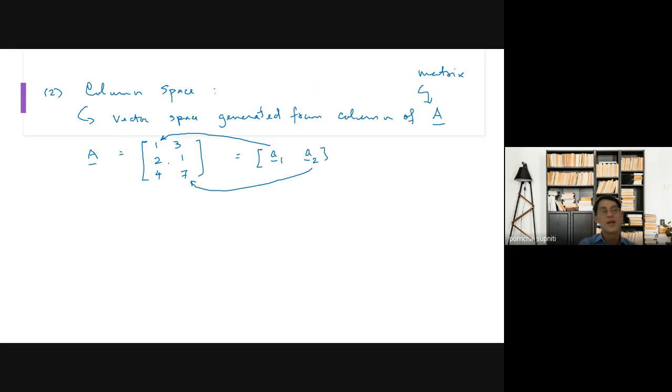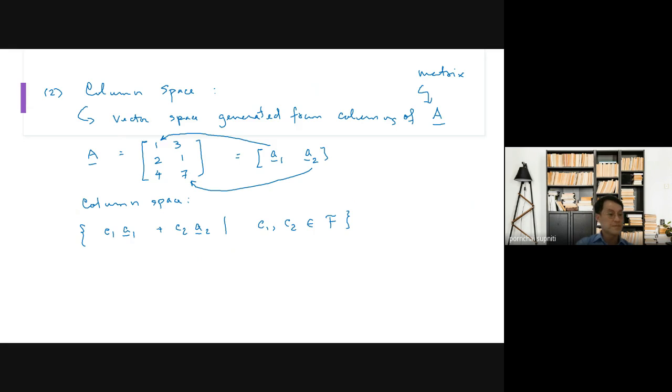Okay, so what is a column space? Column space, as I said earlier, is a vector space that is generated from the columns of A. So the column space is all the vectors C1 multiplied with A1 plus C2 multiplied with A2, where C1 and C2 are elements in the field.